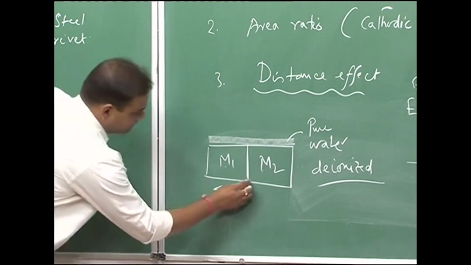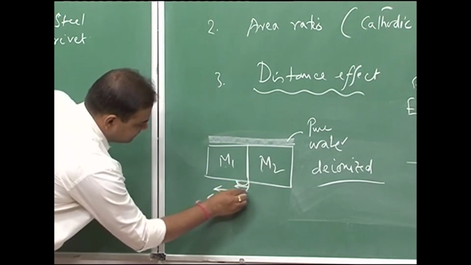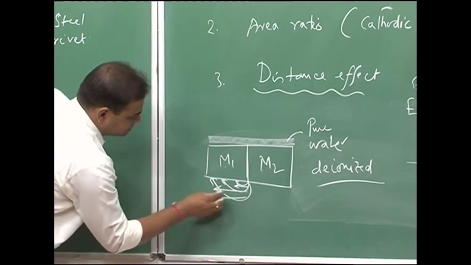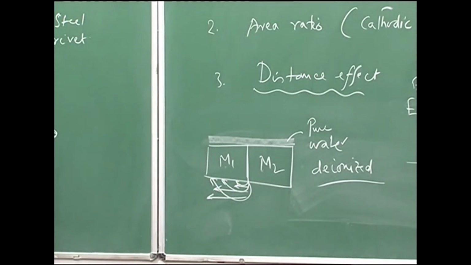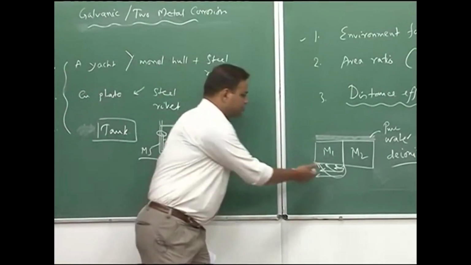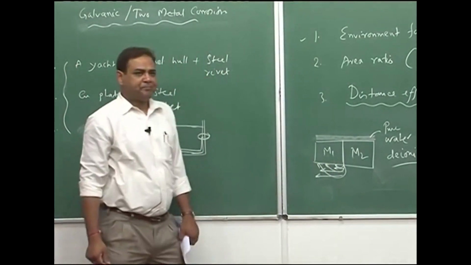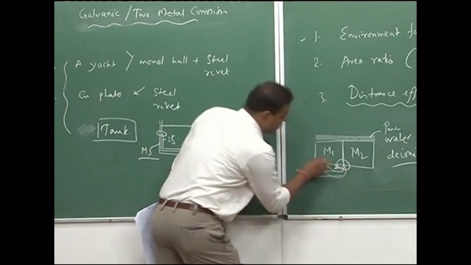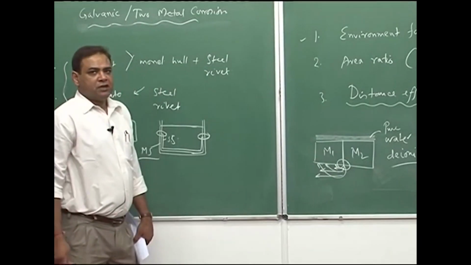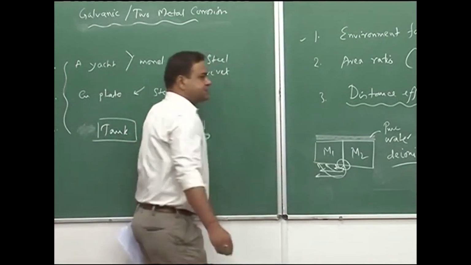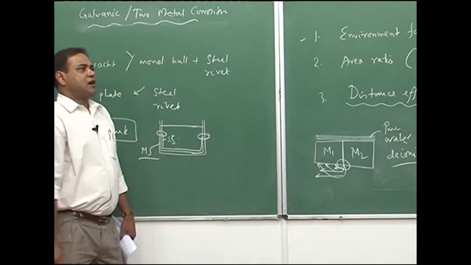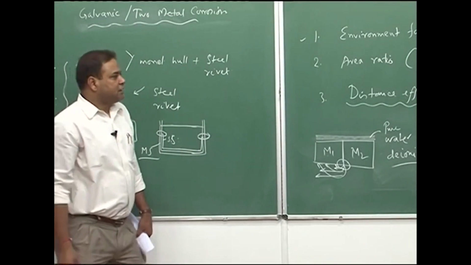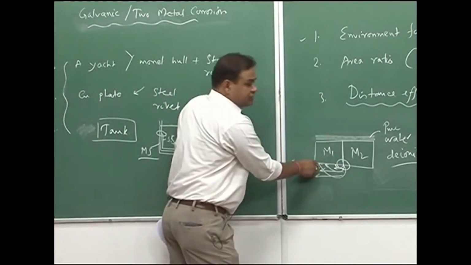So, if the ion is moving like this, a longer distance always leads to passing through the resistant path. So, the corrosion effect would be more near the junction, and away from the junction, since it crosses a higher resistant path, the IR drop would be more in these situations.